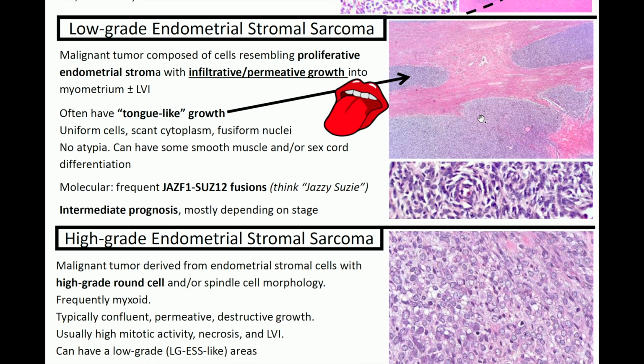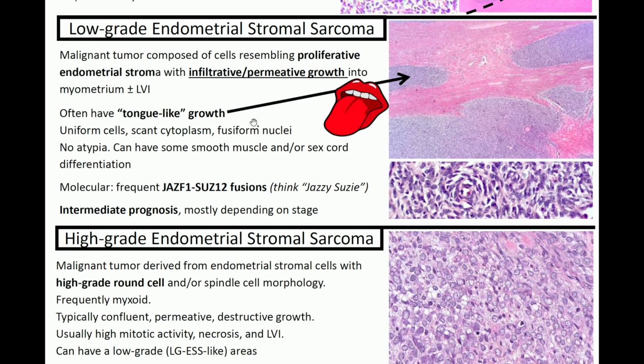However, once you start seeing this tongue-like growth, which you can think of as little tongues protruding, you might want to think about a low-grade endometrial stromal sarcoma, which is a malignant tumor composed of cells resembling proliferative endometrial stroma with an infiltrative or permeative growth into the myometrium, with or without lymphovascular invasion.